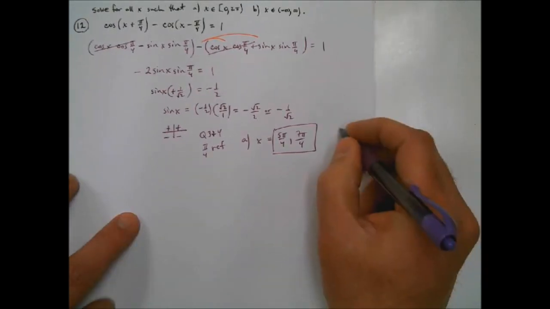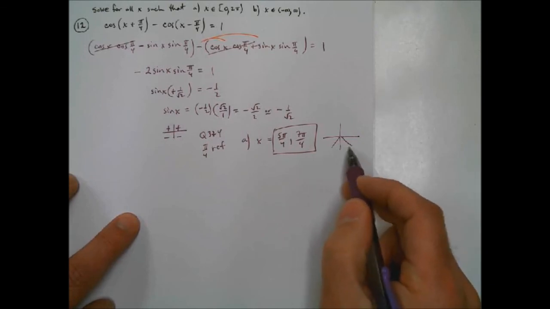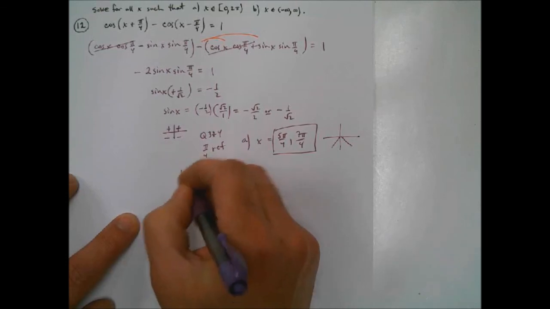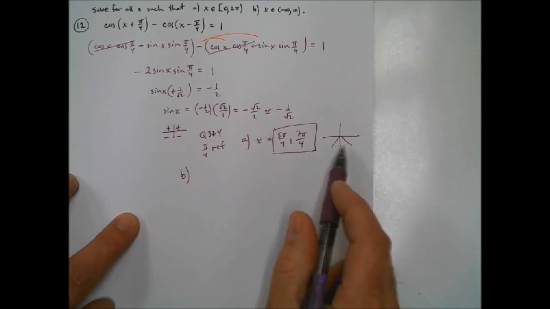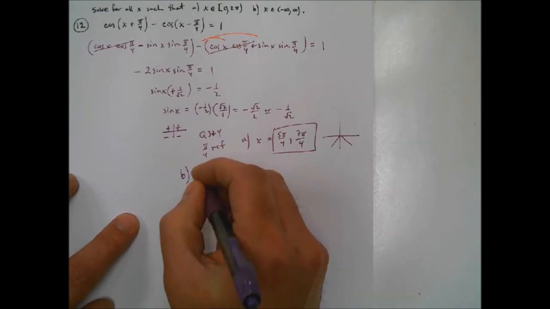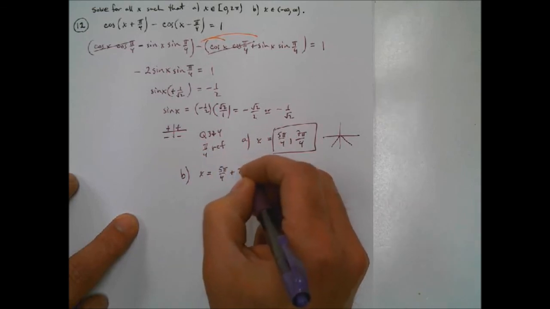Just a bit of a sketch just to keep track. You can see that the two angles are not directly across from each other. So as far as part B goes, it will take two separate equations to be able to write that out. So we've got x equals 5 pi over 4 plus 2k pi.